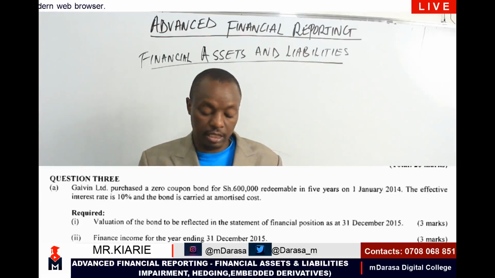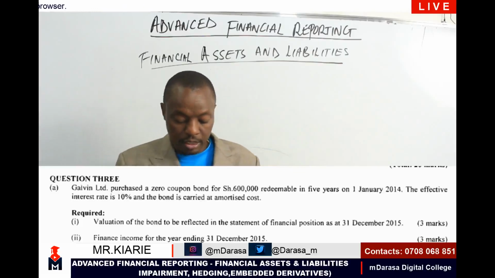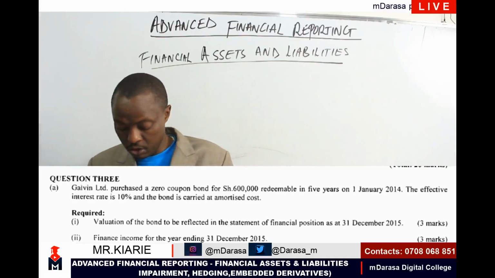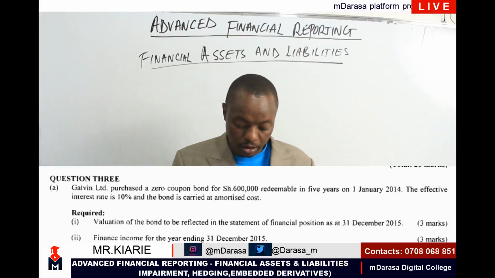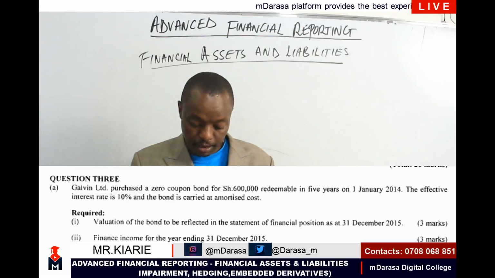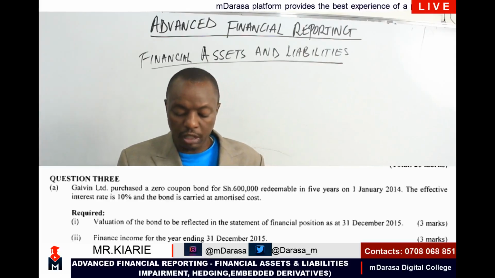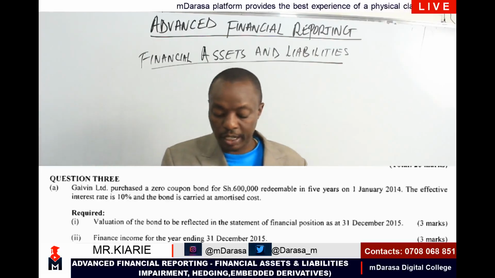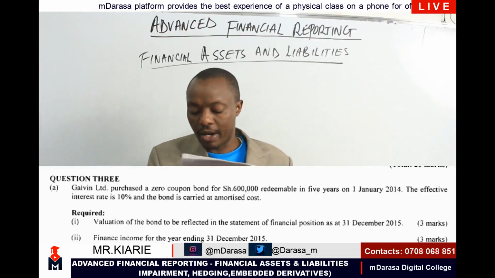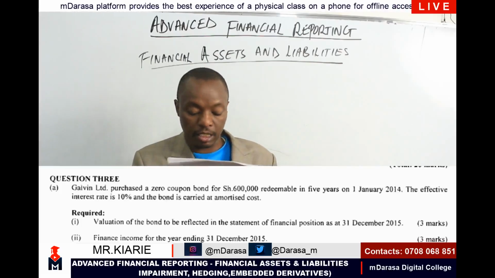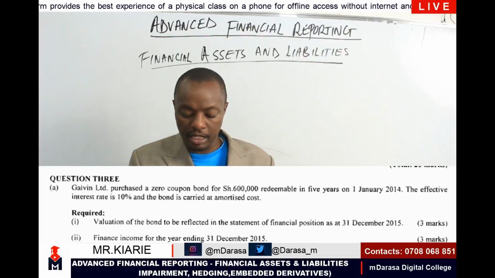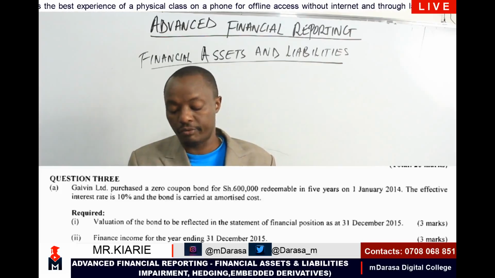So in this case, it is TP Limited which is purchasing a zero-coupon bond. That means that TP Limited is acquiring an asset. Then you are required to show the valuation of the bond to be reflected in the statement of financial position as at 31st December 2015, and then the finance income for the year ending 31st December 2015.